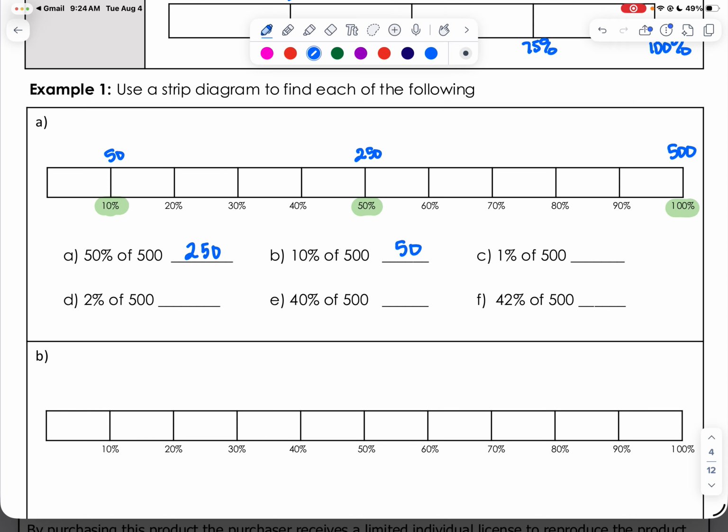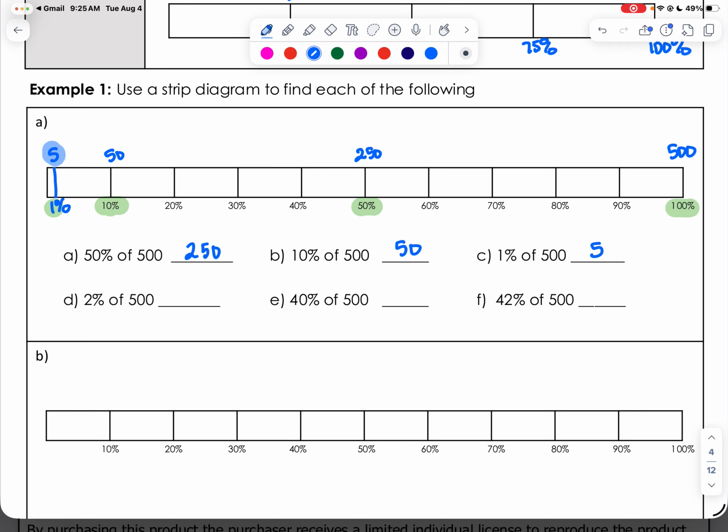Now, 1% is not labeled on here, but I can draw it in. Let me put a 1%. So, to get from 10% to 1%, I would have to divide by 10. So, to get from 50 to the number we need, we would have to also divide it by 10. So, 50 divided by 10 gives me 5. So 1% of 500 is 5.